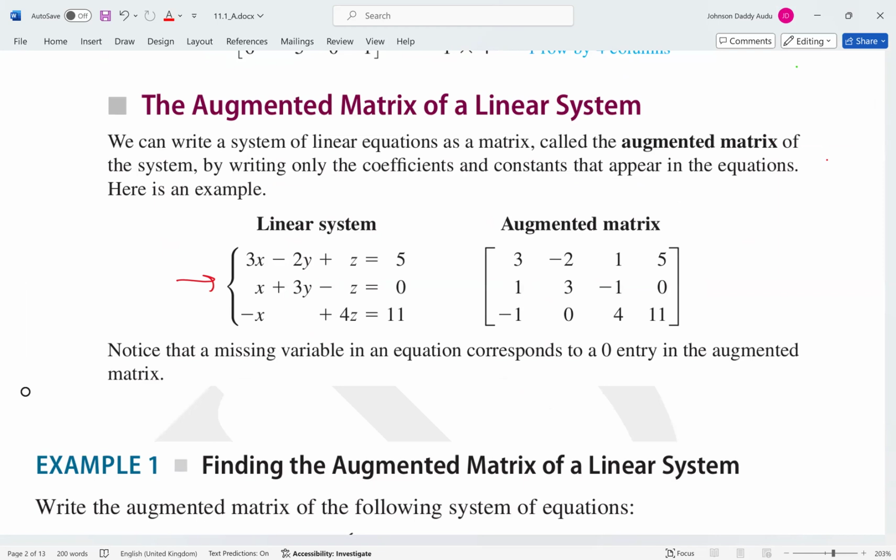We can get the coefficient matrix. Look here, these are the coefficients of the variables. This is the coefficient of x, and the coefficients of x will form the first column. These are the coefficients of y, and these are the coefficients of z. So this matrix is what we call the coefficient matrix.